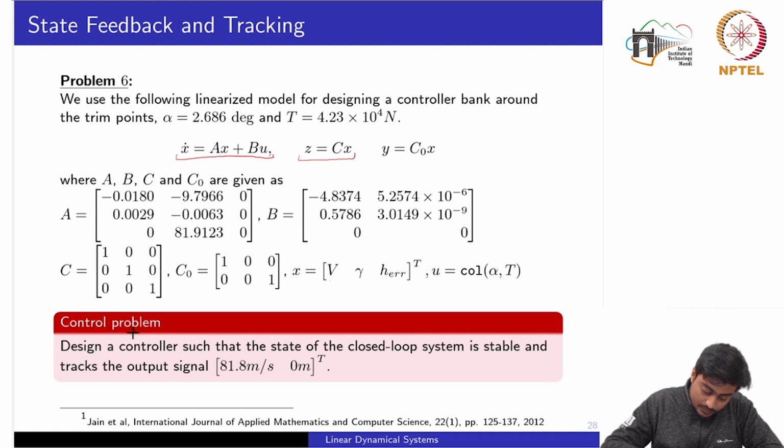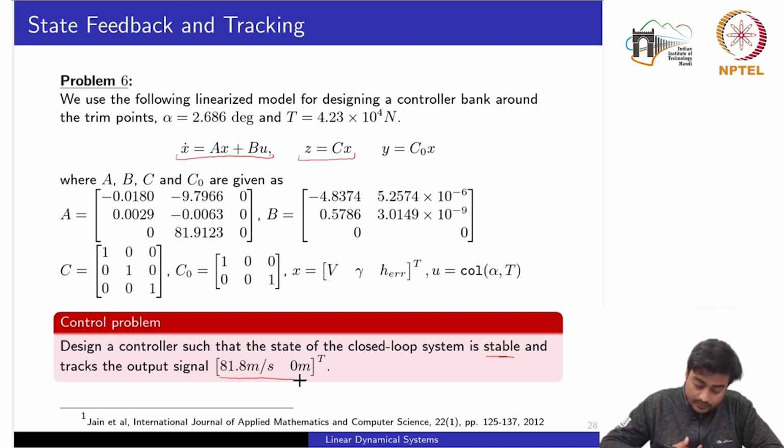So now the control problem becomes that we want to design a controller such that the state of the closed loop system is stable. This is the first objective, and tracks the output signal given by this. Okay, so we have 2 objectives, the stability of the closed loop system, and another we want to track it.